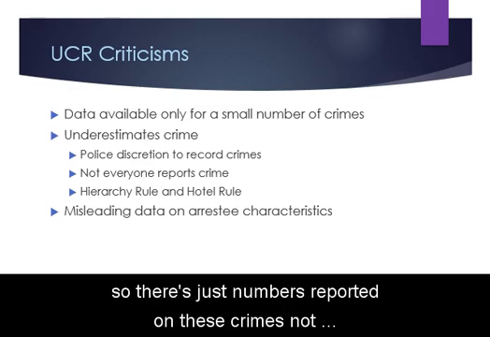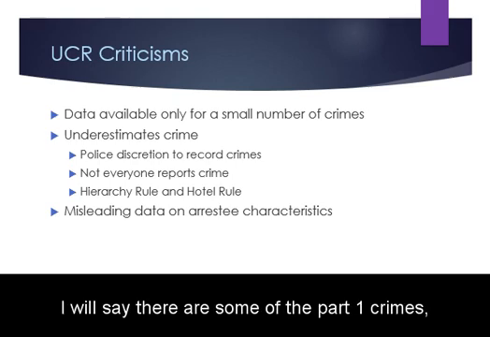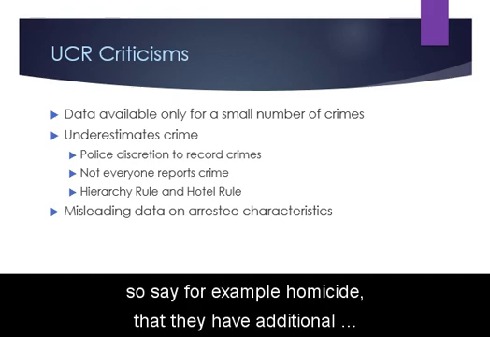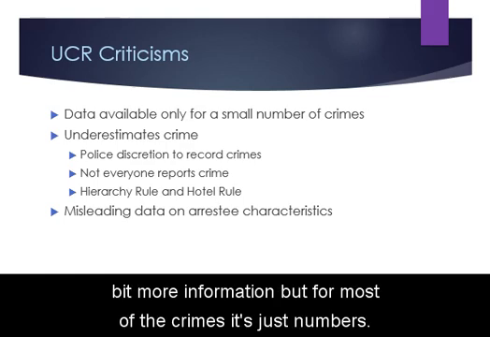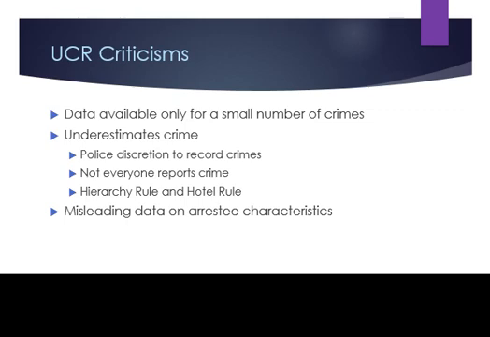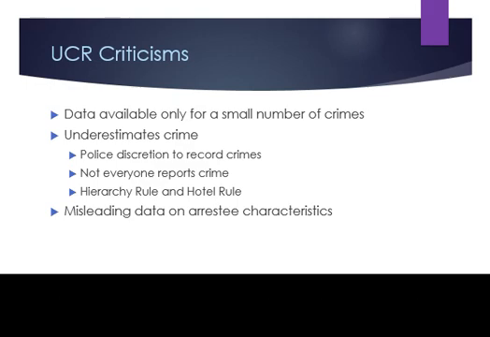So there are just numbers reported on these crimes, not necessarily the details. I will say that for some of the Part 1 crimes, say for example homicide, additional information is collected, but for most of the crimes it's just numbers.